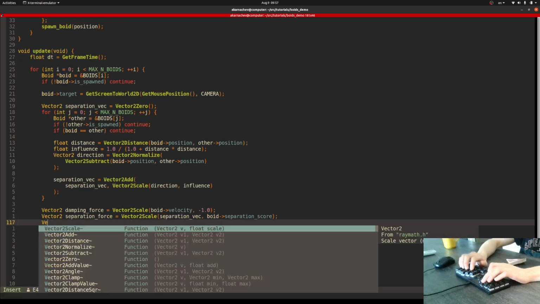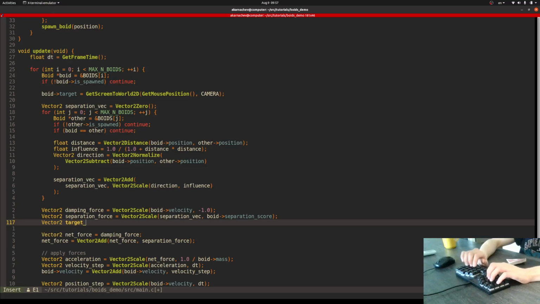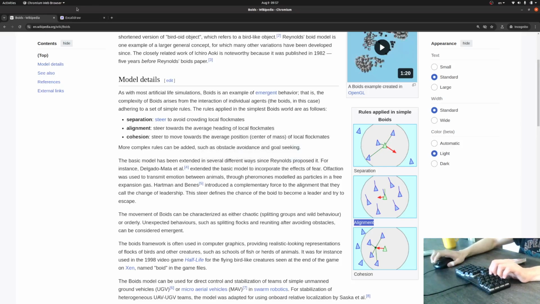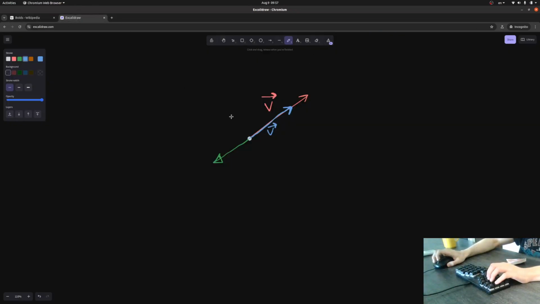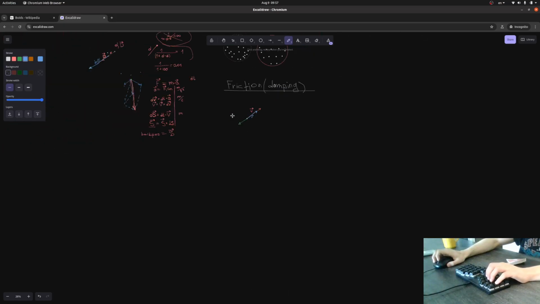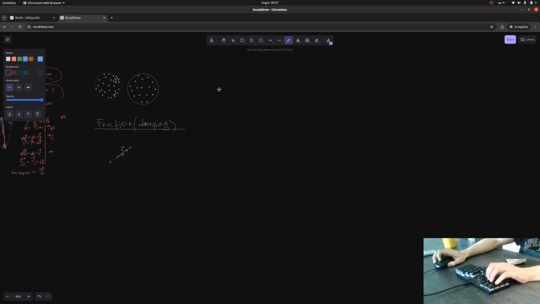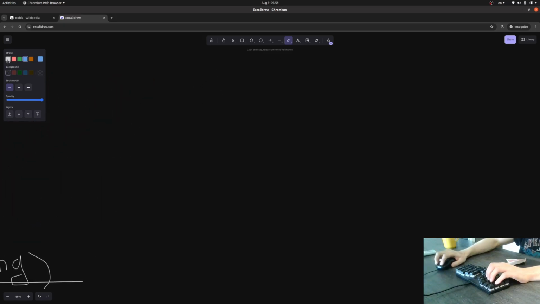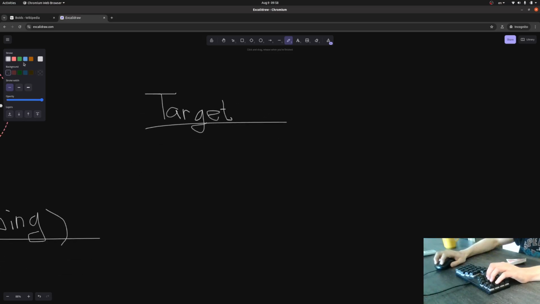Target separation force, let's say vector 2. Target force. Let me think. Let me draw. Friction. Let's say target. Okay.